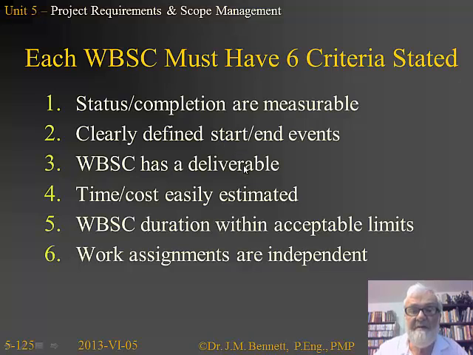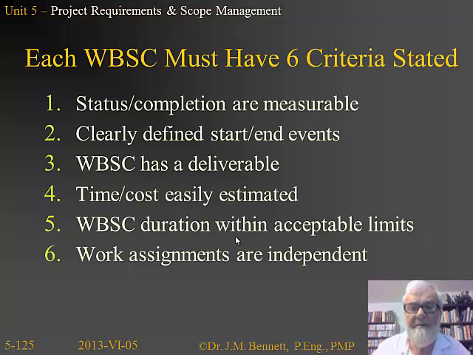There has to be a deliverable, at least one, coming out at the end of the WBSC. The time and cost to do that WBSC has to be easily and reliably estimated. Duration has to be within acceptable limits, and that's defined by the timeline of the projects. And finally, work assignments for the project team have to be independent of each other.